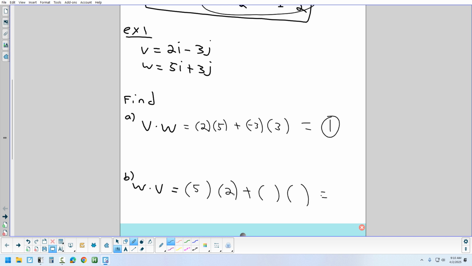And then 3 times -3. And what's the dot product this time? 1 again. Doesn't prove something, but it suggests that the dot product is what? Commutative, and it is. So when you are doing dot product, you can switch the order and you get the same answer.